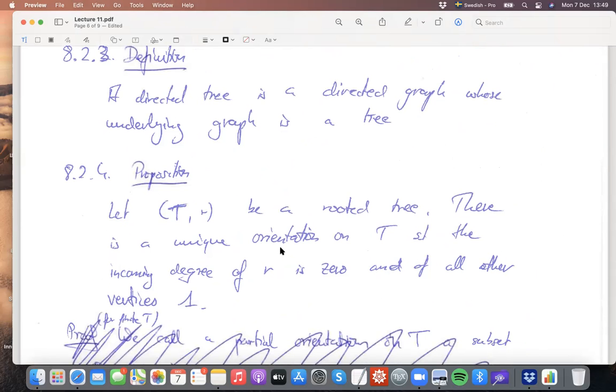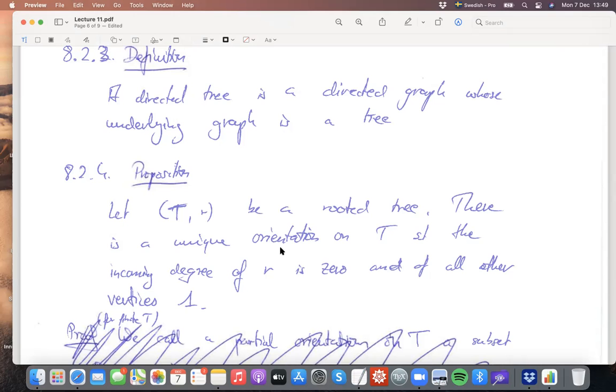Now if we have a rooted tree, so we have chosen one vertex and said this is our root, there is a unique natural orientation such that, with the root placed into the ground, for all vertices except the root we have incoming degree equal to 1 and outgoing degrees arbitrary.